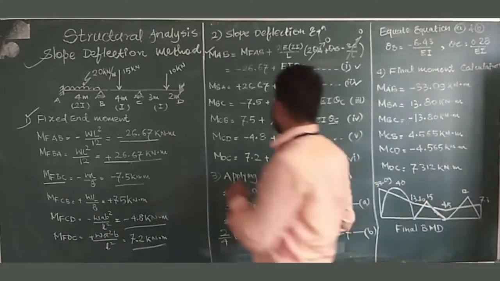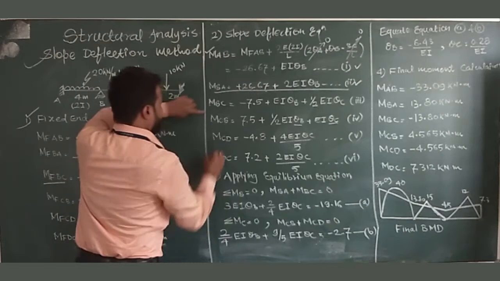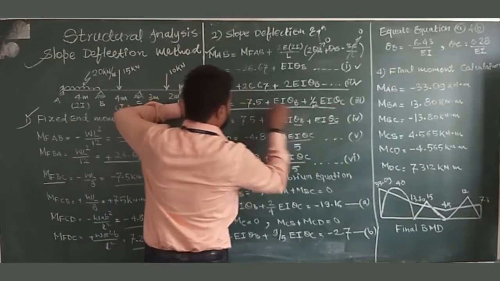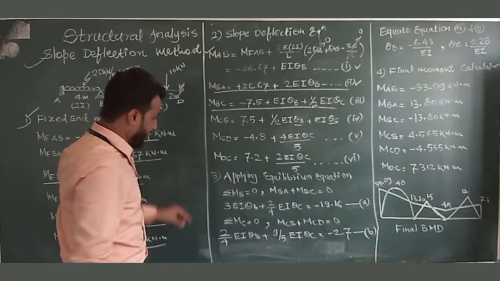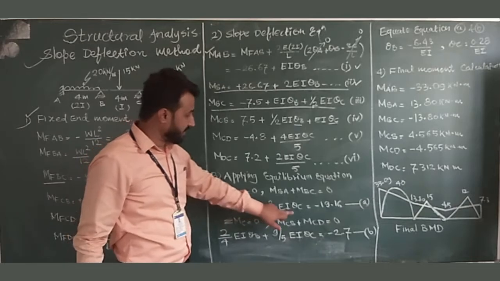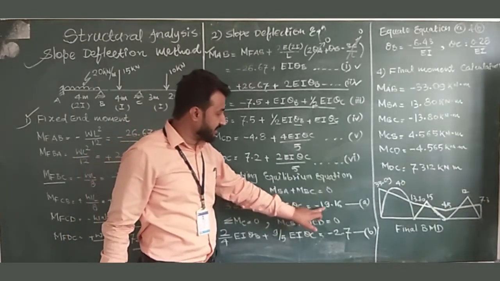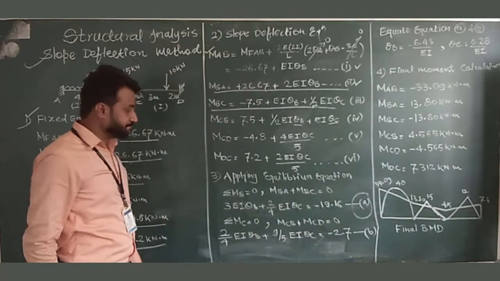After putting the moment BA, which we calculated as the second equation, and BC, the third equation, if you sum up these and equate with 0, we will get 3 ER theta B plus 2 by 4 ER theta C equals minus 19.60. Make this equation number 8.